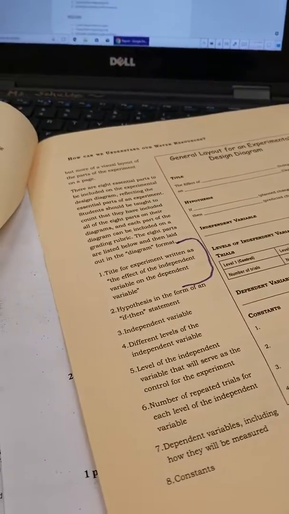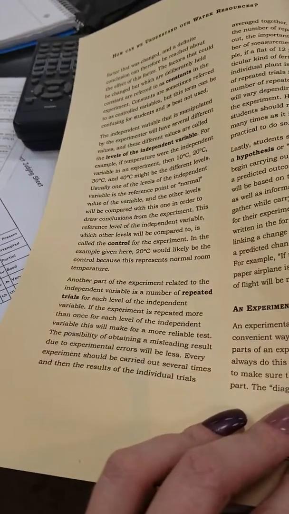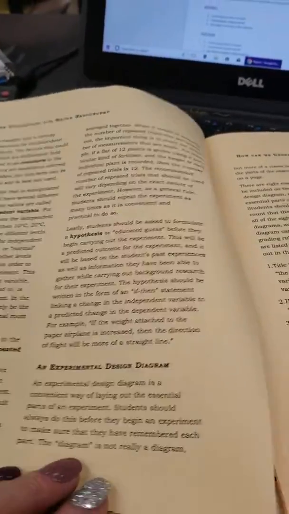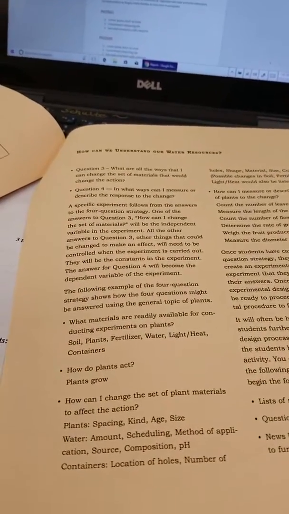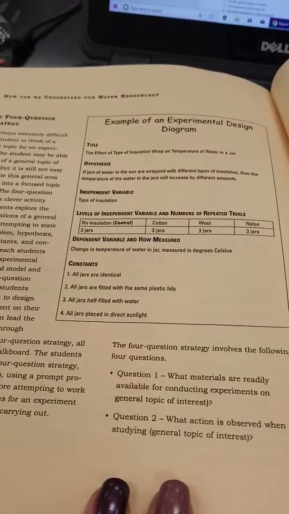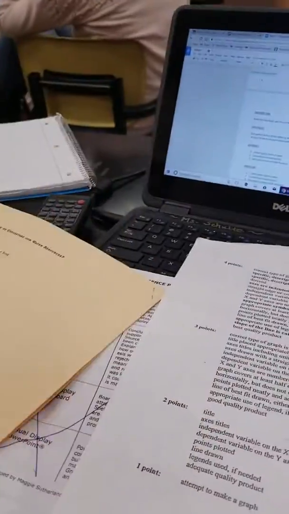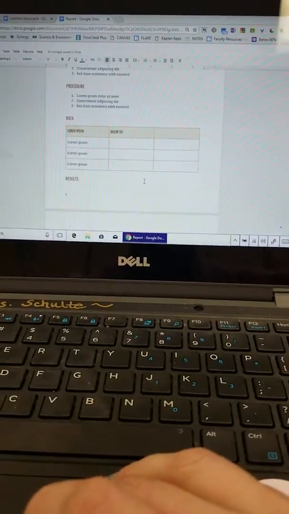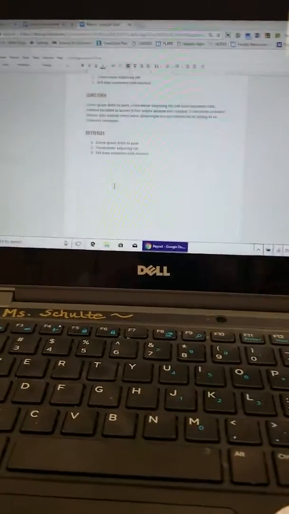I have a description of whether I need repeated trials and what that means, what I need to think about keeping constant, and specific examples about using this design diagram to make sure that you understand all aspects of your experiment. This design diagram is duplicated in your template in Google Docs because they already have a data table in there for you. You just have to add in the labels. Okay? That's all for now.